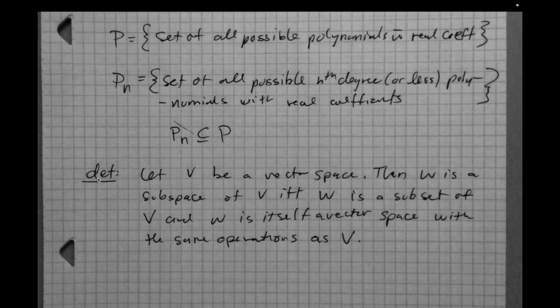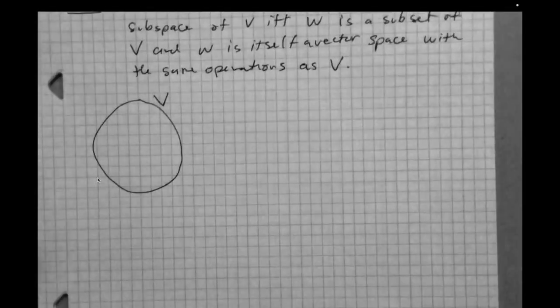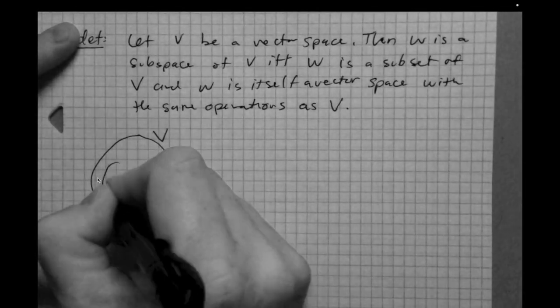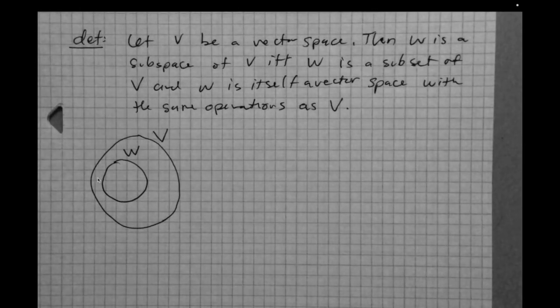So you can think of it like this. If I've got my vector space V and inside there I've got some subset W, then if W is a subspace, W is literally a vector space inside of another vector space.